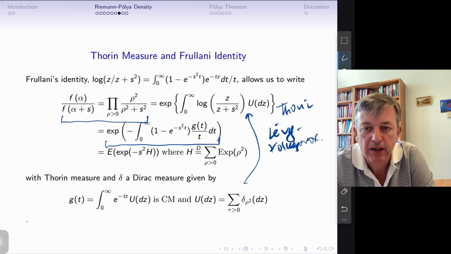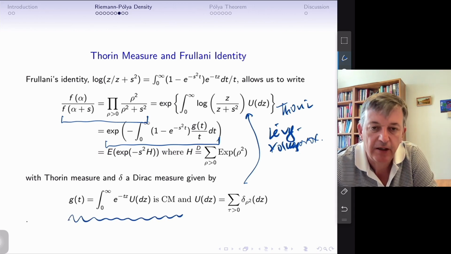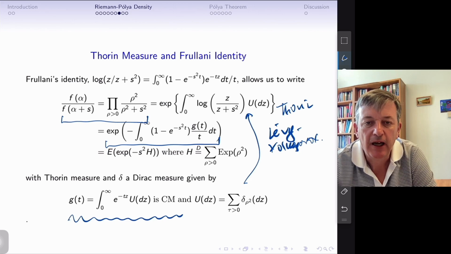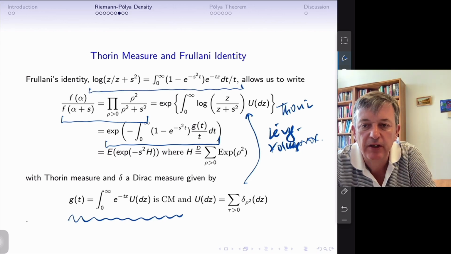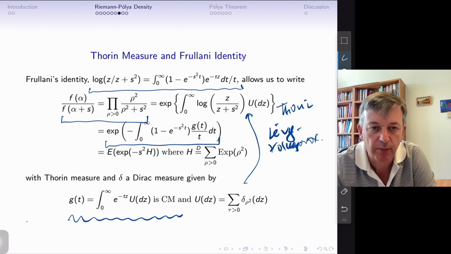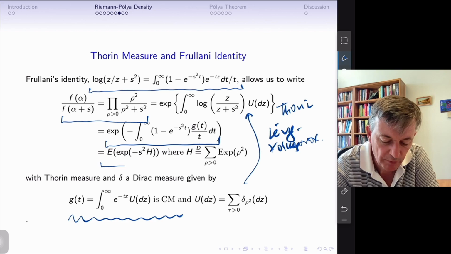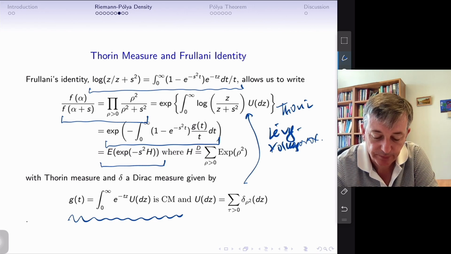And essentially the duality comes from the Levy measure being a completely monotone function, and us using Frullani's identity, which is sort of a key identity in this theory of GGC random variables. So an equivalent approach to the Riemann hypothesis that I've talked about in previous videos is you can show that the ratio function is essentially a Laplace transform of a GGC.